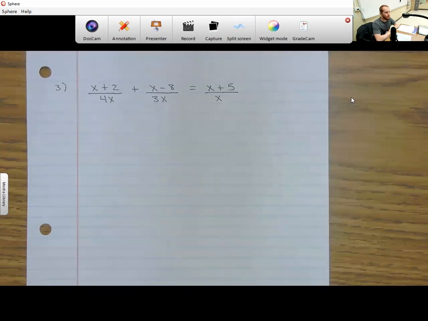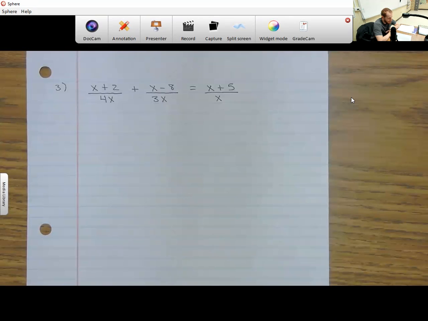Okay. So for this rational equation, we have a situation where we have 2 fractions on the left side, but we only have 1 fraction on the right side. So we can't just do cross multiplication like we did with the first 2. We have to actually add fractions together, right?